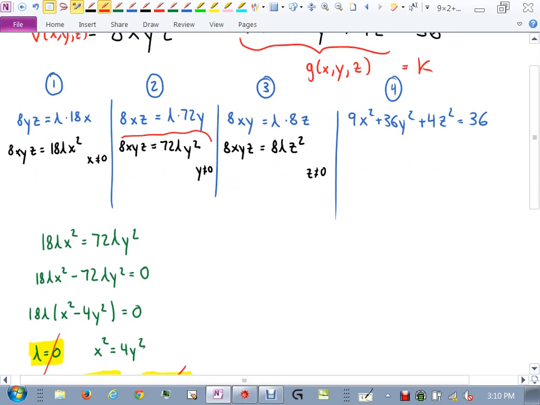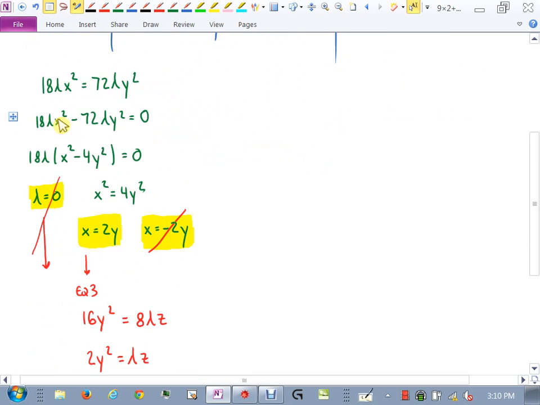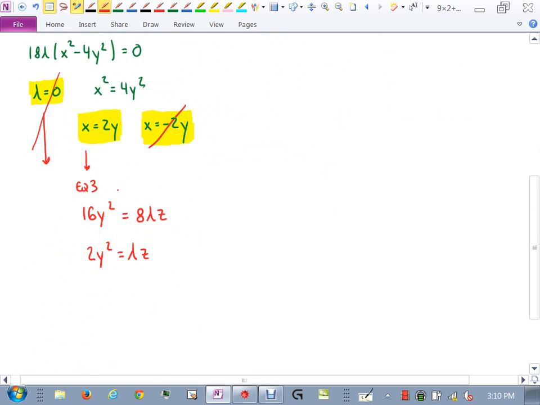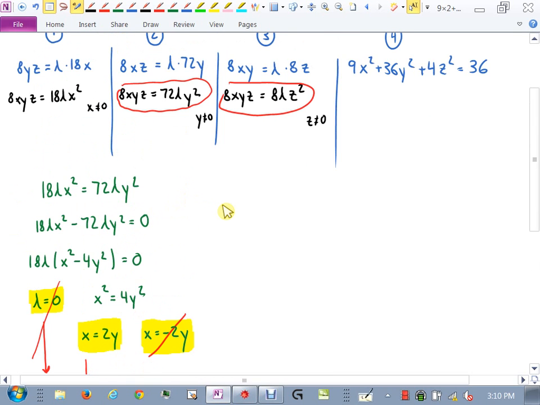You want to solve 2 and 3? Like, you want to do 2 and 3 together, kind of like I did 1 and 2 together? Let's see what happens. So I set these two together, 72 lambda y squared equals 8 lambda z squared, right?